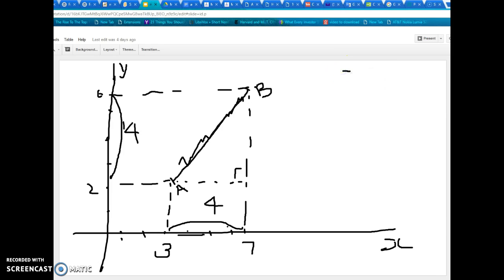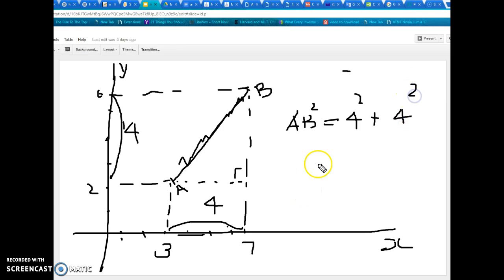I would say my AB, that's the hypotenuse, squared, equals this 4. This is a projection of this one. I can say it's 4 squared plus 4 squared.